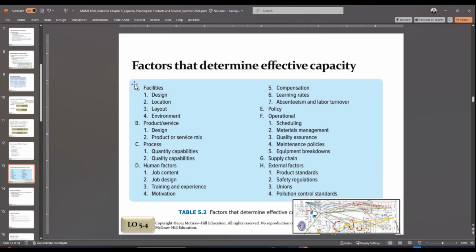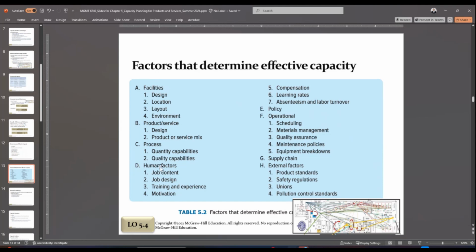Categorize based on facilities, categorize based on the product lines or the service lines you have and their variants. Then processes. Some processes might have 3 process steps, like different machines sequenced. Some processes might have 10, 20, 50; 50 might be overkill, but I've seen some chemical or semiconductor processes with 20-ish.